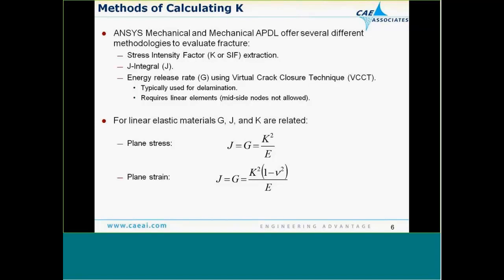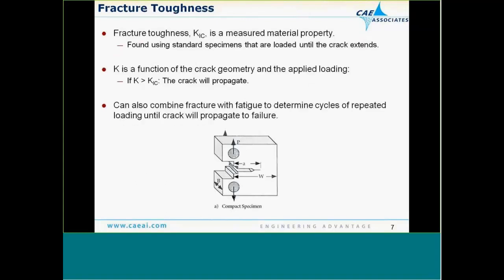As you can see, for a linear elastic material, J, G, and K are all related, so you can decide which technique you'd like to use, and then you can relate them back. There are many reasons why you might want to choose one versus the other. The J integral, for example, can handle plasticity at the crack tip that you're modeling. The energy release rate is used many times for delamination problems, so there are different reasons why you might want to use the different techniques.